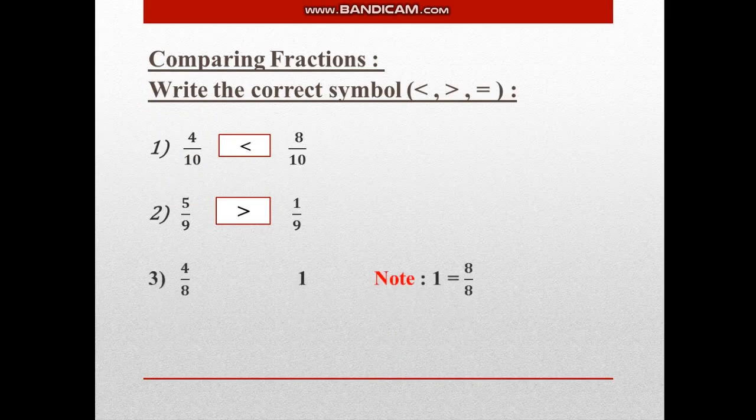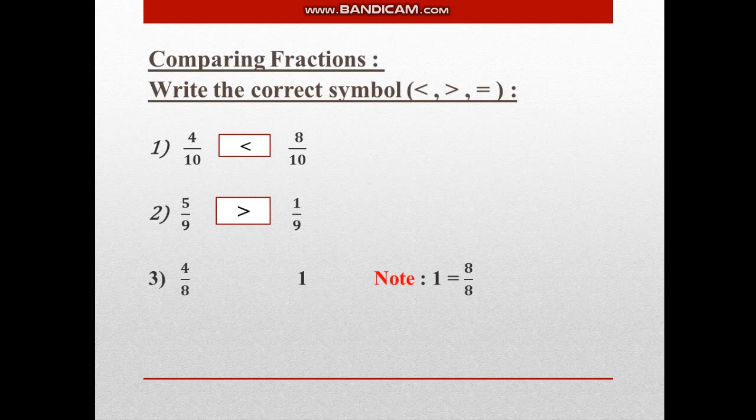Number 3, I have 4 eighths and 1. 4 eighths is a fraction, but 1 I can make into a fraction. We said before I can make 1 as any number divided by itself. So in the first fraction the denominator is 8, so I can make 1 into 8 eighths.